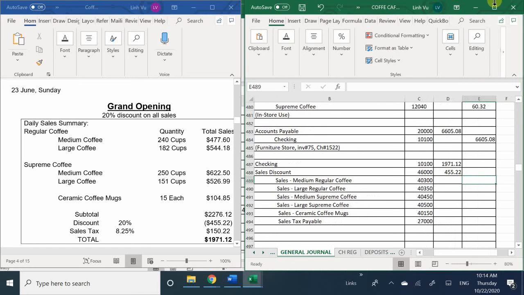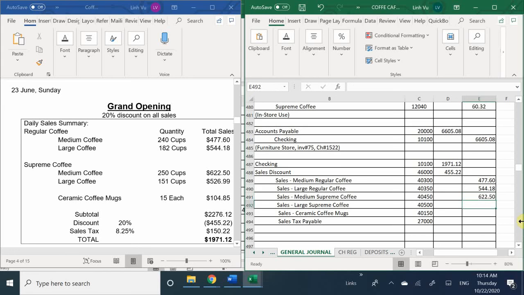And then we're going to do the coffee, regular medium coffee for credit, 477.60. The regular large, 544.18. Supreme medium is 622.50.